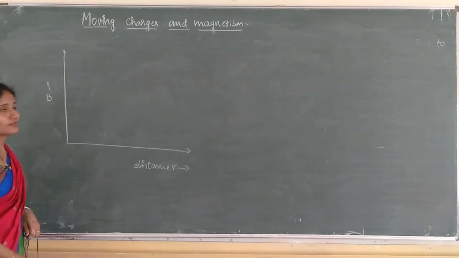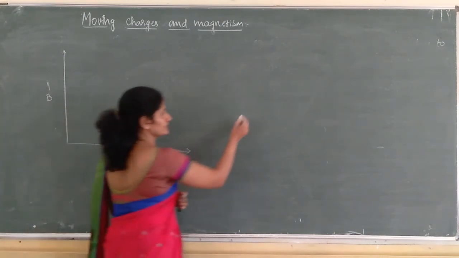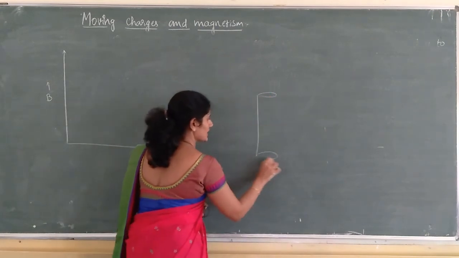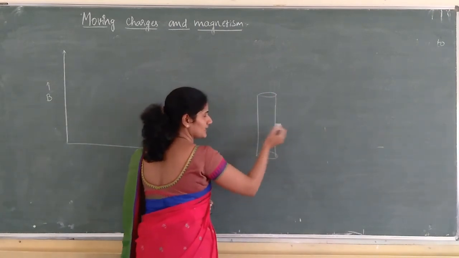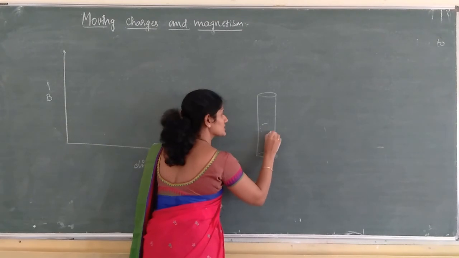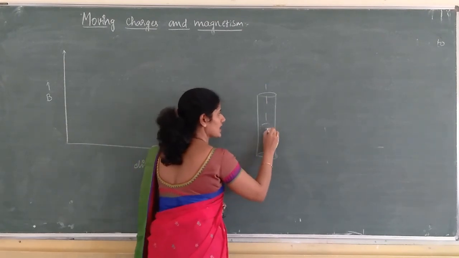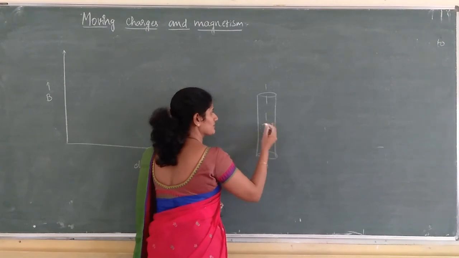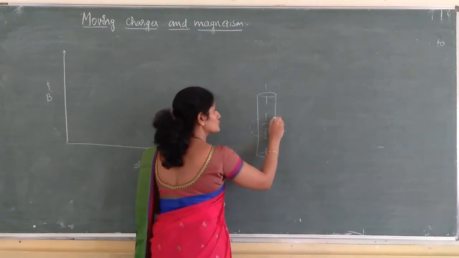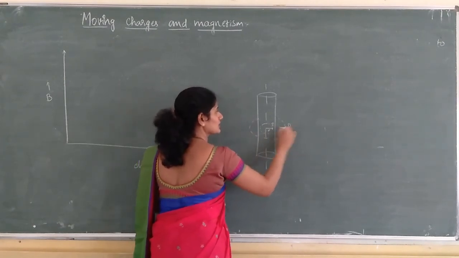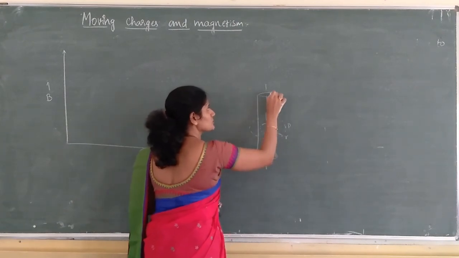This is a conductor carrying current I. This is the Amperian loop inside the conductor. This is r, this is the point B. This is outside the conductor, this is also r. This is a.